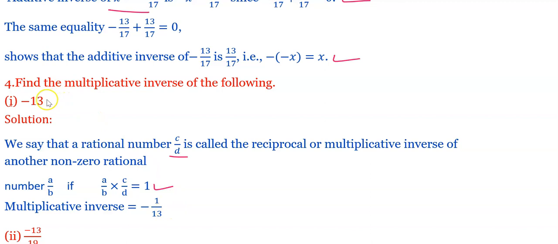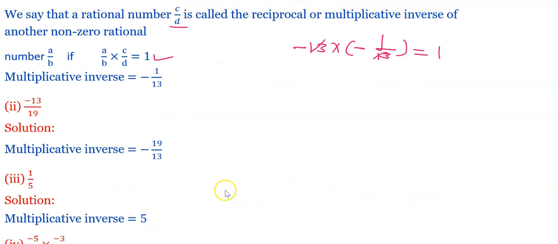Now we have the rational number minus 13, then its multiplicative inverse is minus 1 upon 13. We multiply minus 13 into (minus 1 upon 13), and here you will get 1. This 13 gets cancelled.